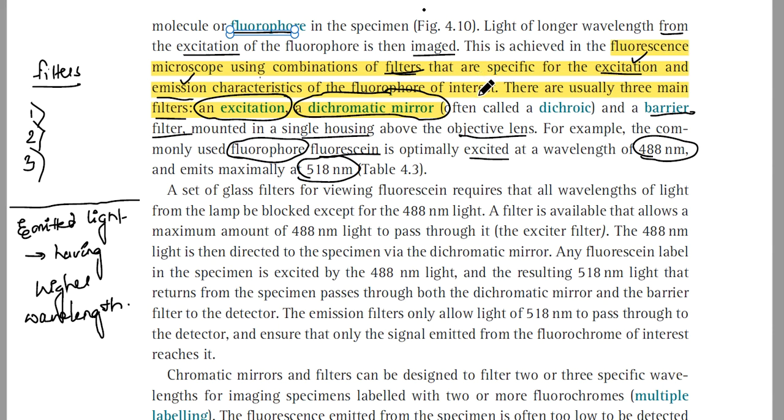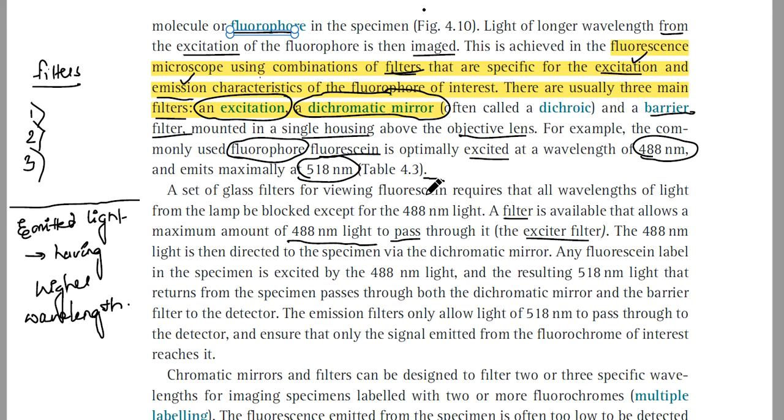Now this is very interesting to note that the filters which are present, say for example the exciter filter, is made in such a way that it allows only the maximum amount of 488 nanometer light to pass through it.